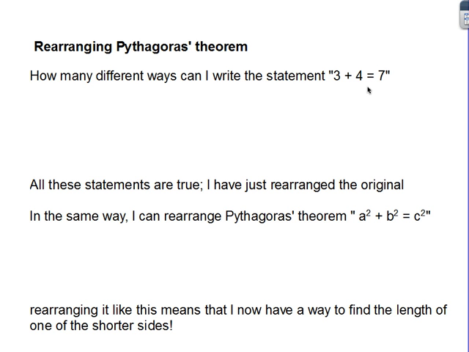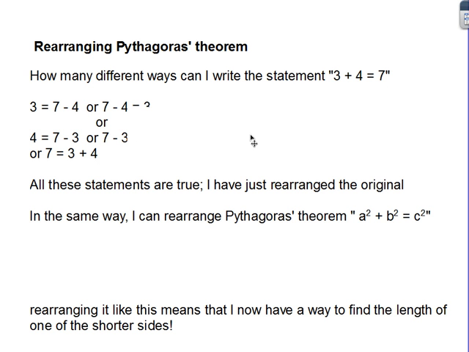I could write it as 7 equals 3 plus 4, and it would still be true. How else could I write it? Well, I could write it as 3 equals 7 minus 4, or 7 minus 4 equals 3. That's still the same statement.